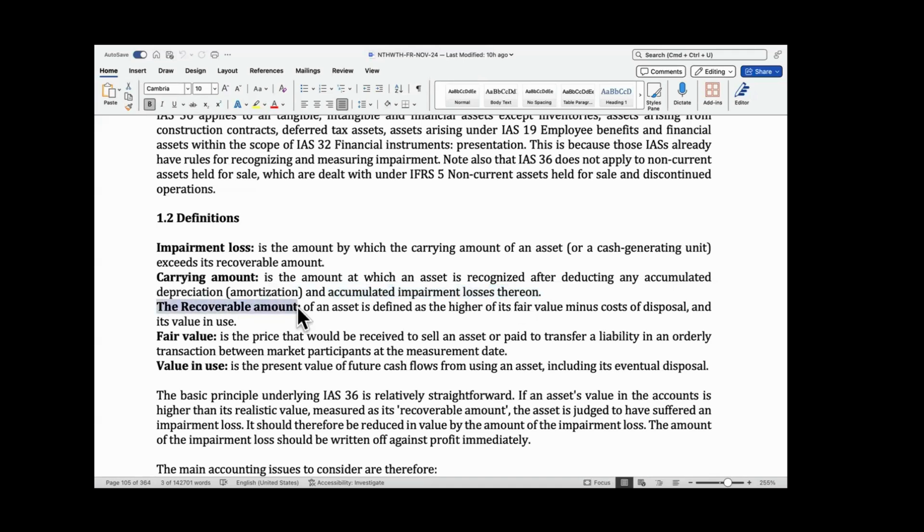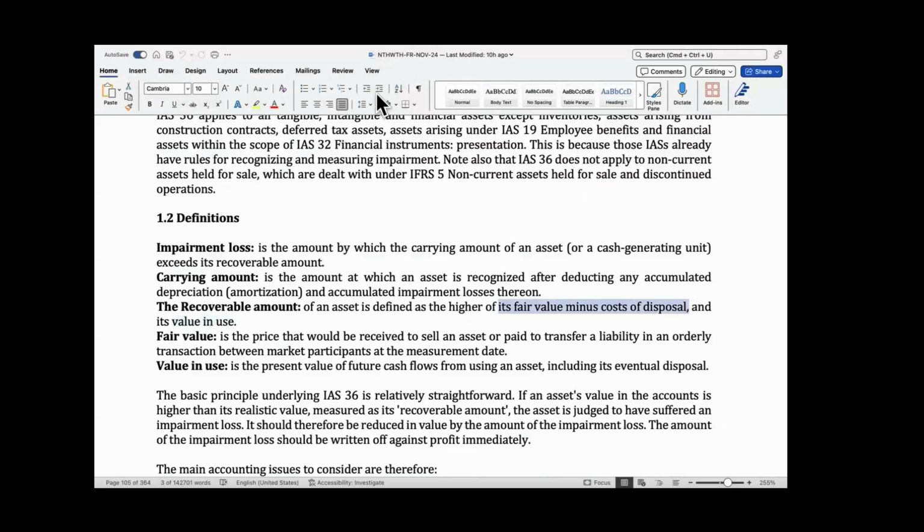Recoverable amount is the new one here. And recoverable amount of an asset is defined as the higher of its fair value minus cost of disposal and its value in use. So recoverable amount is the higher between fair value minus cost to sell.